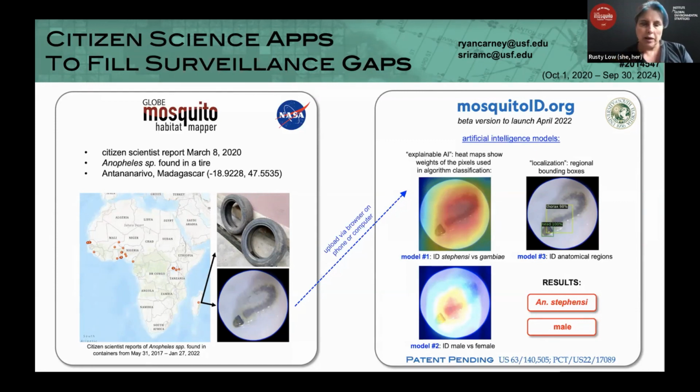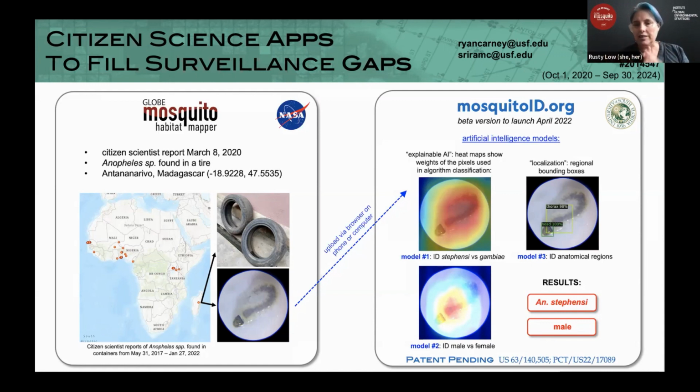So I sent it to my research partners. They ran this brand new AI over this mosquito, and with success, they said, yes, this looks to be an Anopheles stephensii. But this is still very preliminary information.